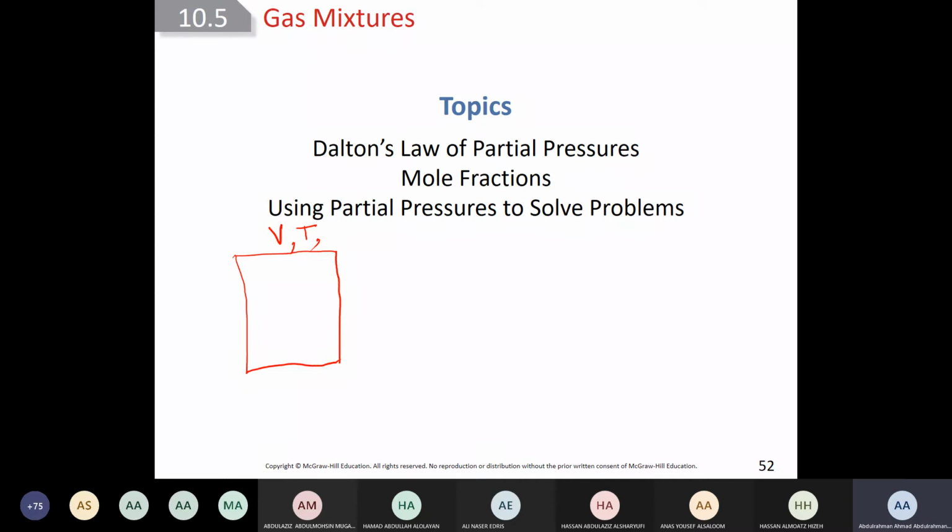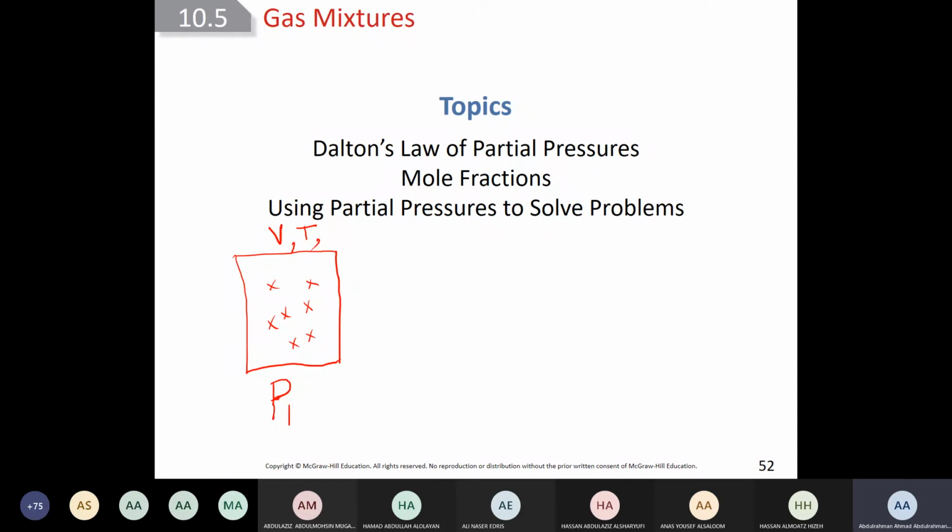Let's assume the pressure of this room, where there is X gas, is P1.